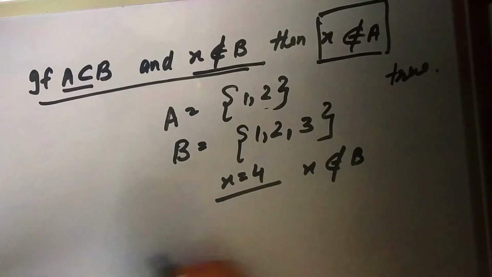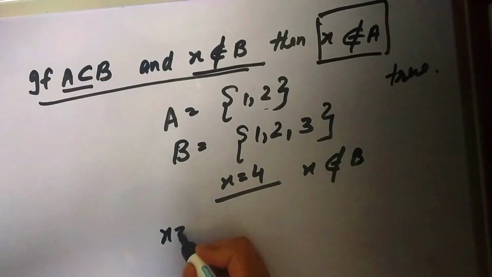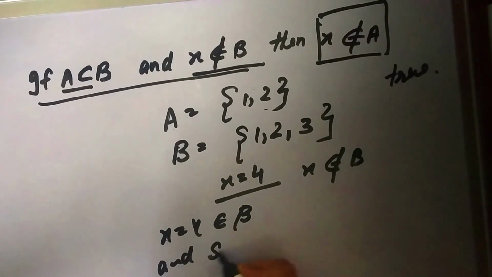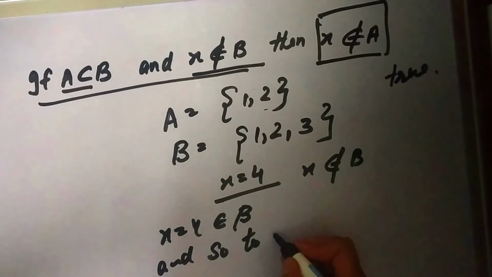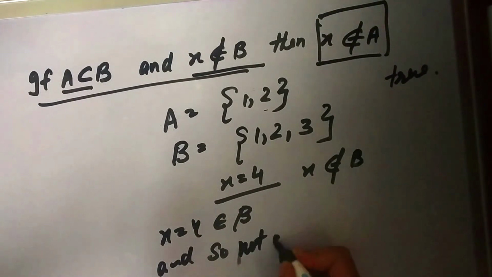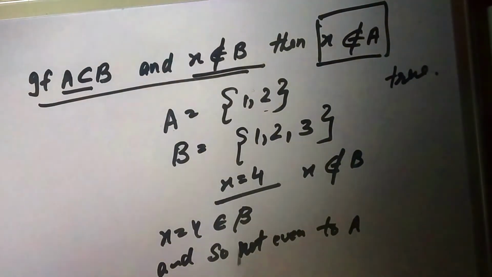Then here you can sum up your things in sentences, or you can do it mathematically also. X equals 4 doesn't belong to B, and so not even to A. This was quite an obvious thing.